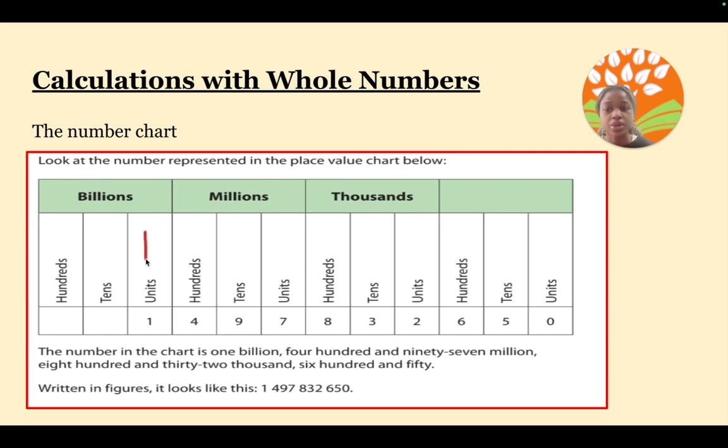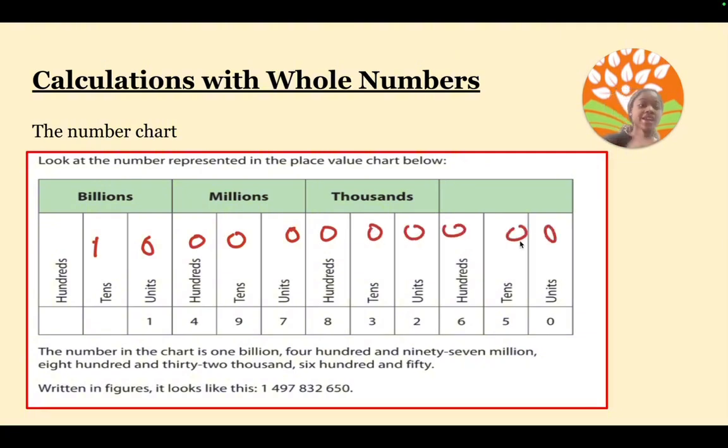So if this was 1 billion, we would have 9 zeros after it. And if it was 10 billion, we would have 10 digits after that number, after the 10 billion.